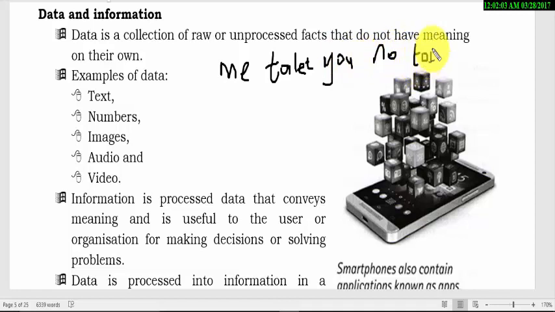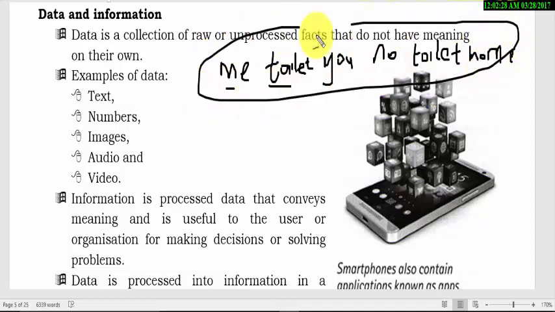So what is data? If you look at this sentence here, it says me toilet, you know toilet home. This sentence has no meaning. So this is what we call data.